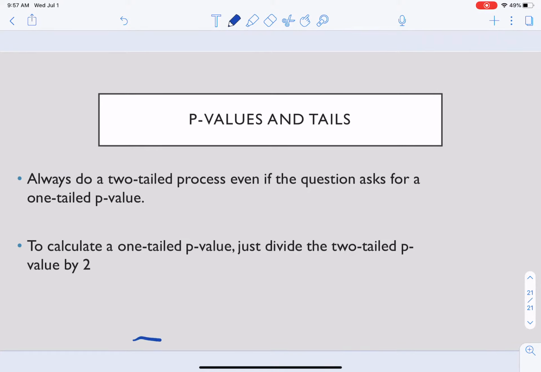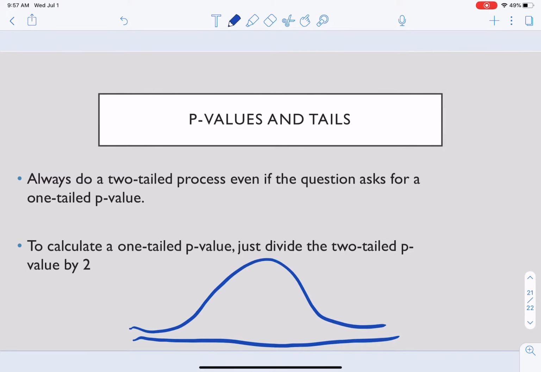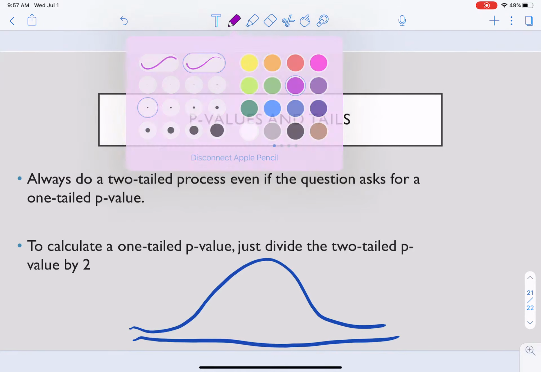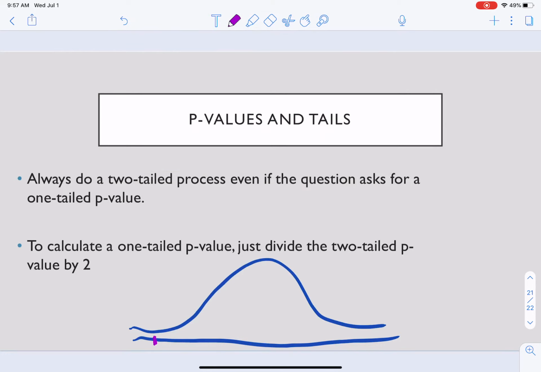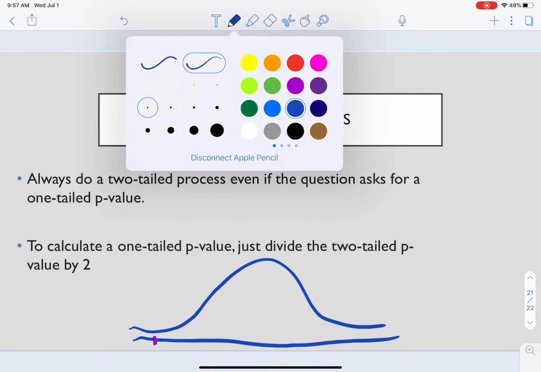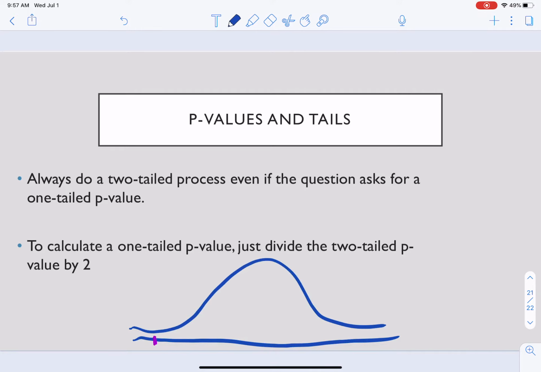It'll make more sense when we get into it, but essentially, I have this drawn out. Let's say I have some test statistic and it shows up over here. When we do a two-tailed test, we're asking what's the probability of that showing up. Based on our alpha, which is usually 0.05, we cut off 5% of this whole thing, so we're testing the probability of it showing up here or here, on either end.